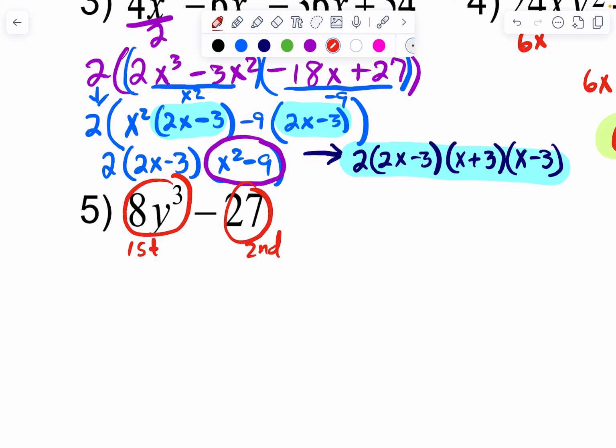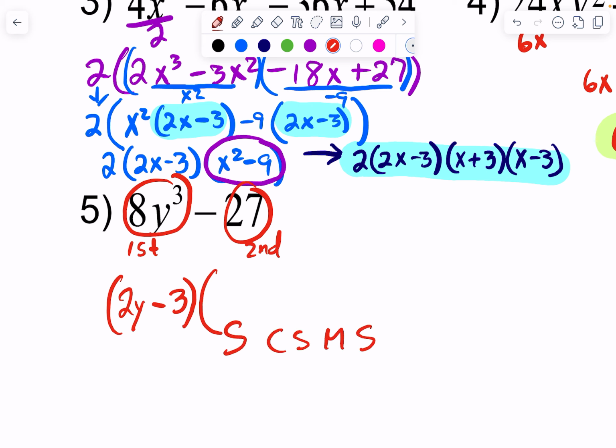So it's going to be the cube root of the first term minus the cube root of the second term times the first term squared, change sign, multiply, and then the second term squared. And there you have it.